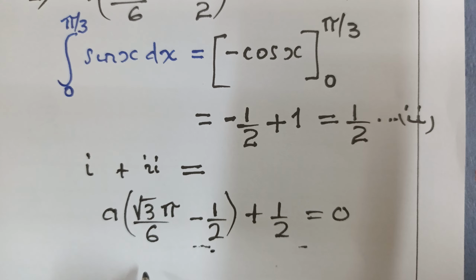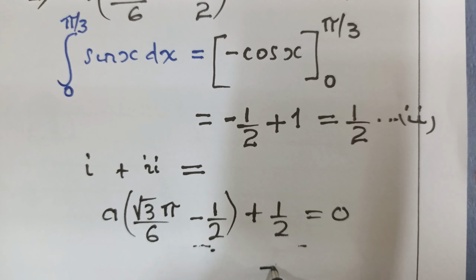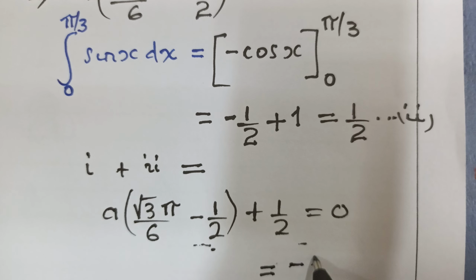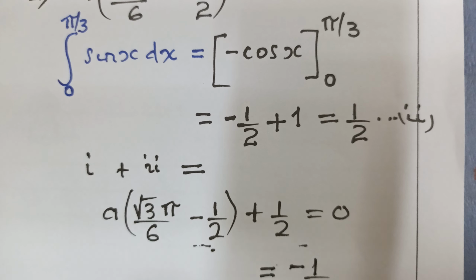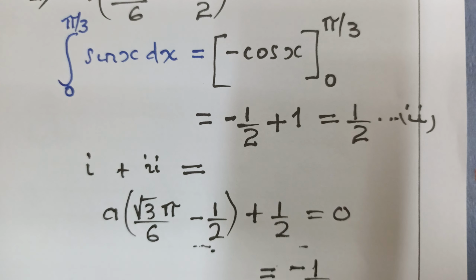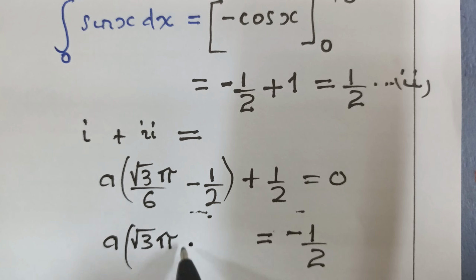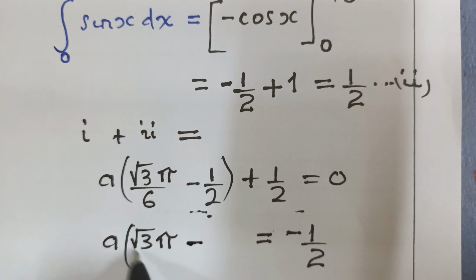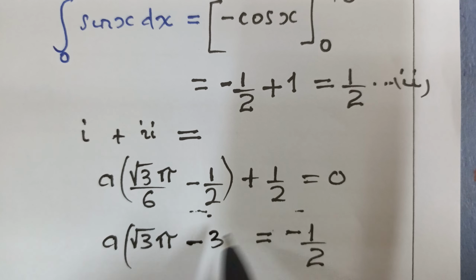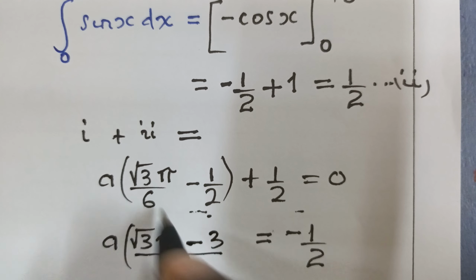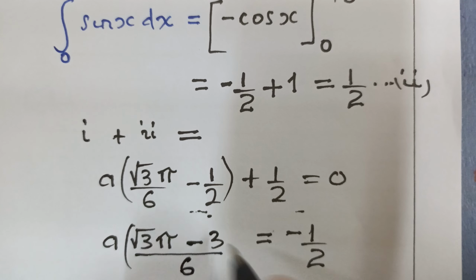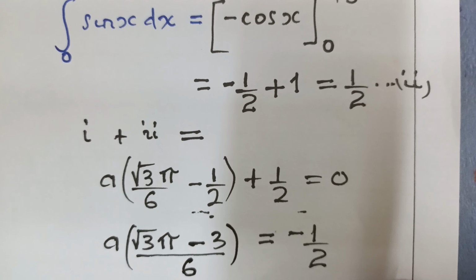We can put the half on this side, it becomes negative a half. And we are left with this other term on this side. This, we can write under the same denominator as square root of 3 pi, and then we can put 3 here, all over 6. Guys, we are putting this under the same denominator. That's a half. And so it's like that.